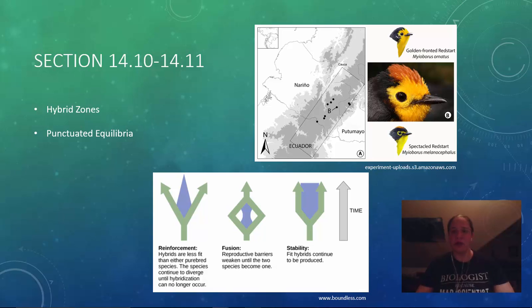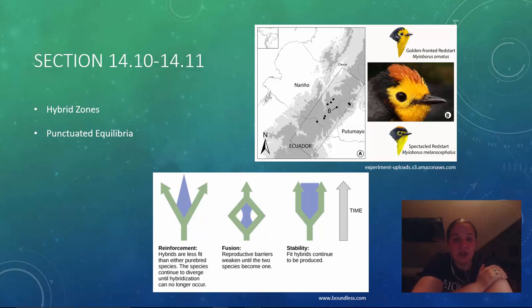You may note, in this redstart hybrid, it's got the yellow forehead of the golden-fronted redstart, but the orange crown of the spectacled redstart, and it doesn't have the spectacles of the spectacled redstart. It has that face from the golden-fronted redstart.